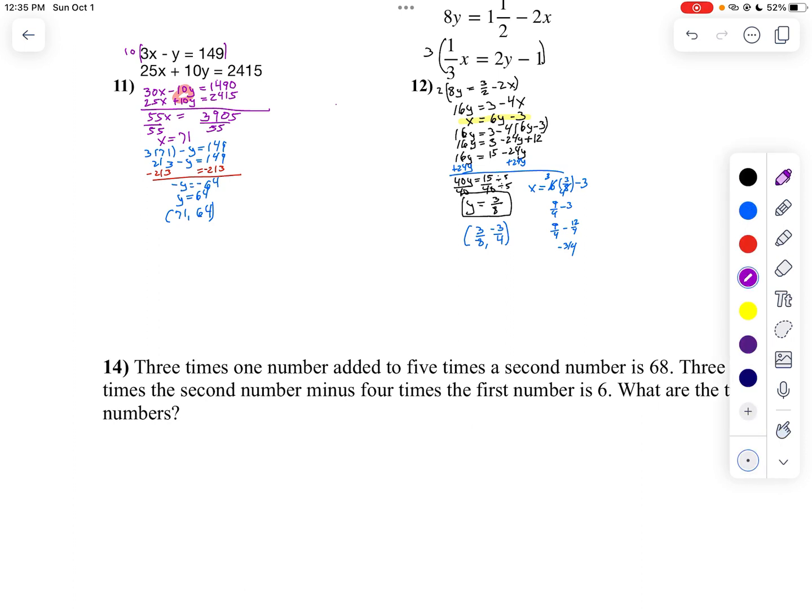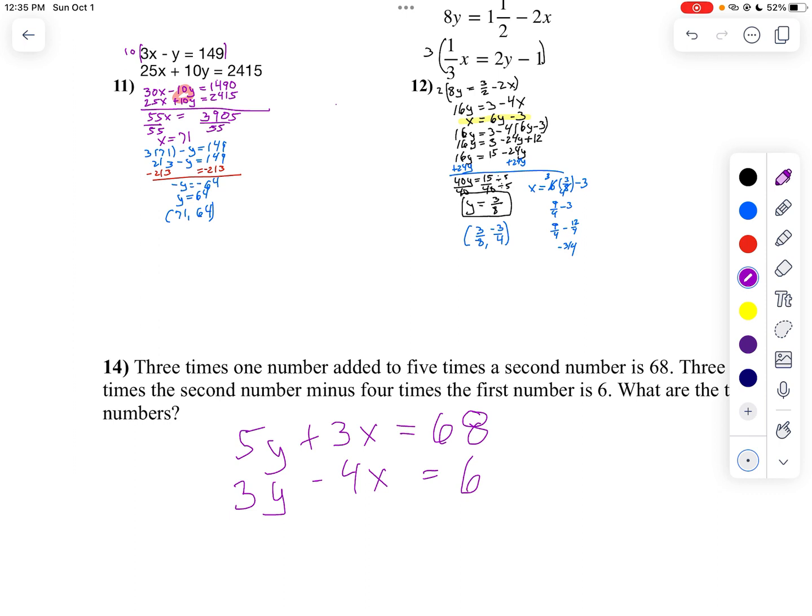So we'll say 5y plus 3x equals 68. And then 3 times the second number. Oh, they like to put the second number first. So 3y minus 4 times the first number, x, equals 6.